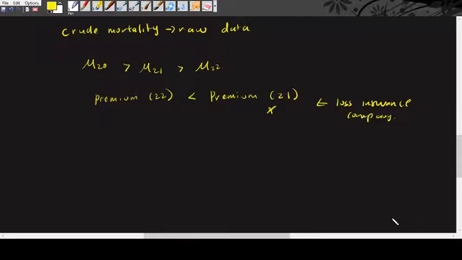There are three main objectives for graduation. Number one is smoothness, which is the smoothing process as we discussed above. The second one is goodness of fit, or adherence to data.